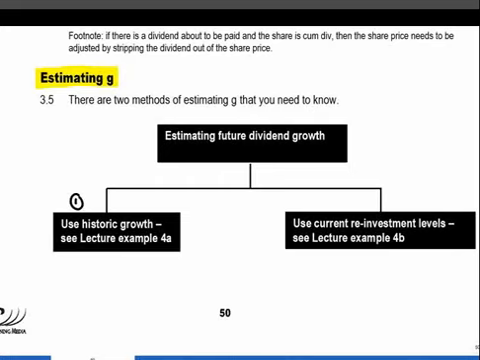Secondly, you can look at the level of reinvestment that a company is undertaking and the expected returns on those investments, and use that to estimate the dividend growth rate. Which method you use will depend on what information you're given in an exam question. But as we've already said, dividend growth will often be given in exam questions. The next lecture example covers both of these techniques.